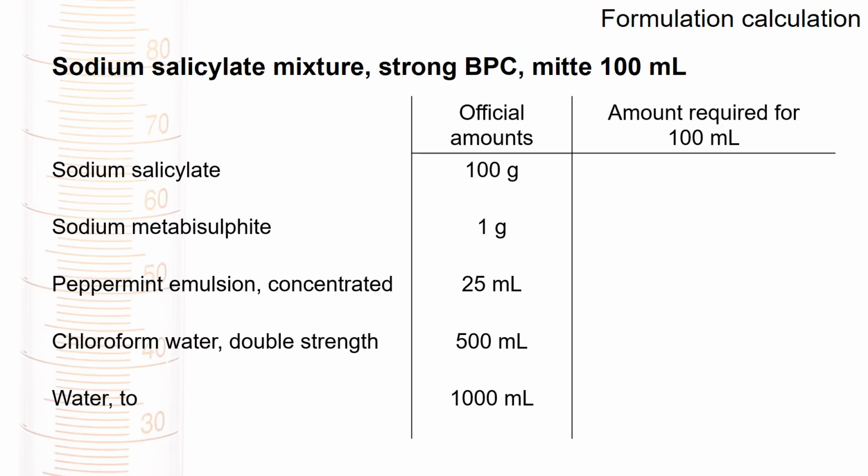So in this case, it will be 10 times smaller for each of the ingredients needed. And this calculation shows a standard formula which has a bigger volume or bigger amount, and you have to prepare a smaller amount.